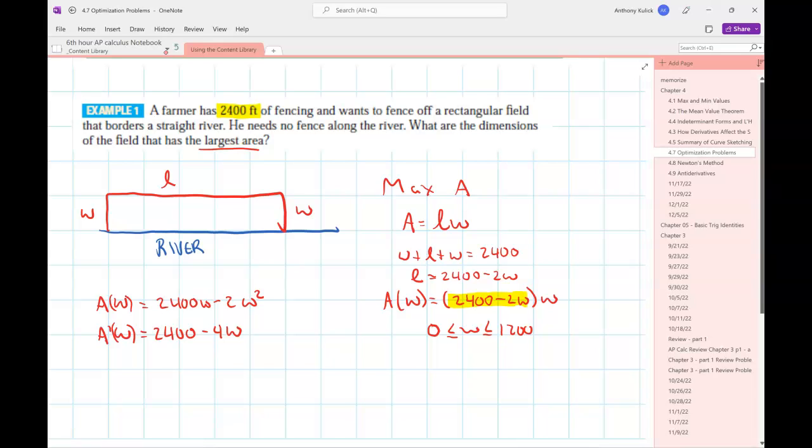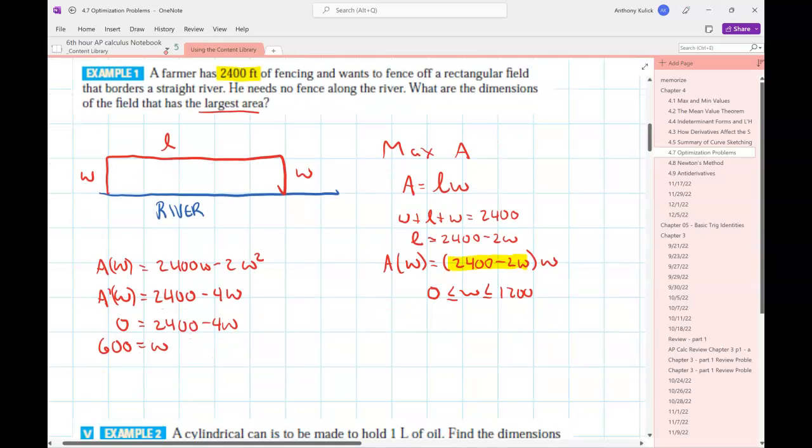Is there any place where that derivative is undefined? No, because it's a polynomial. So all I need to worry about is when it's going to be equal to 0. So I'm going to subtract over the 2,400 and then divide by -4. So there's that.